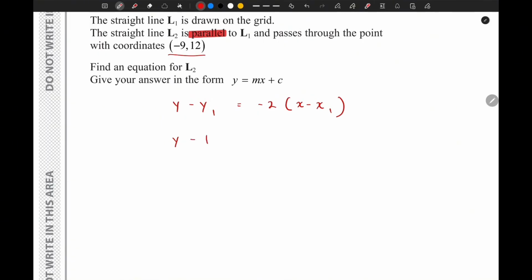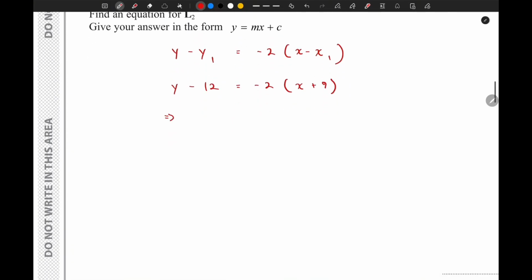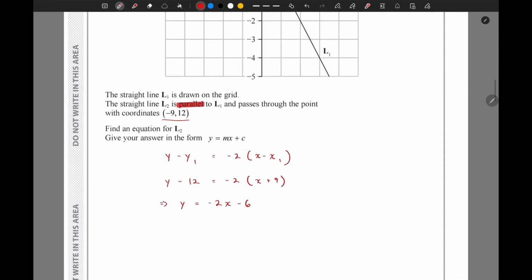So the value of y1 is 12 and the value of x1 is -9. Since there's a negative sign at the front, this would be +9. Now we just need to make y the subject. So this is the equation for line L2.